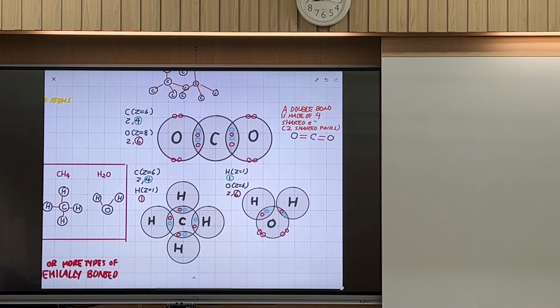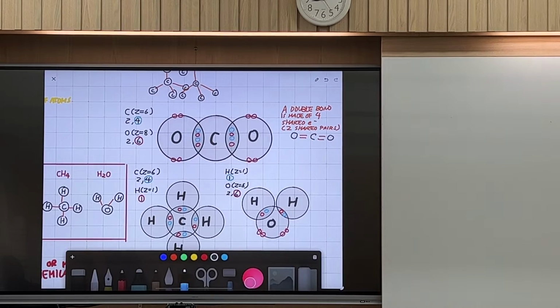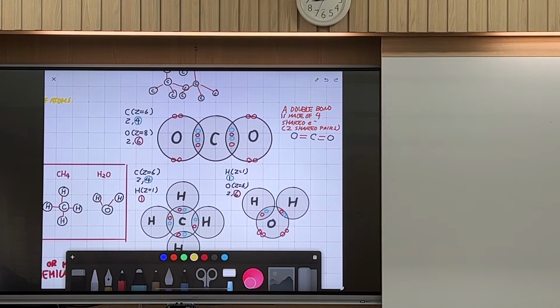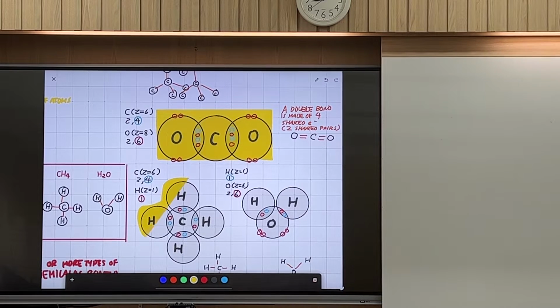Can you draw a simplified structural formula of these molecules? When do you know you should be drawing these structures here, and when do you know you need to draw these structures? What's the difference between these 2 types of structure? This type of structure, we call it electron dot cross diagram. It is a hassle to draw.